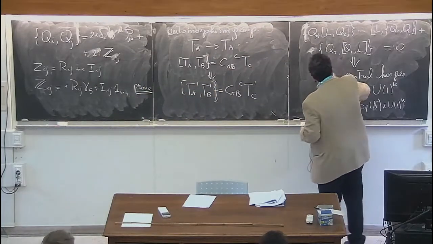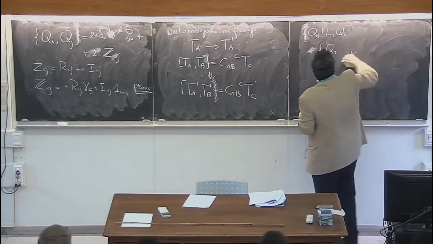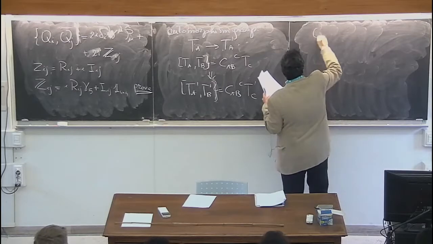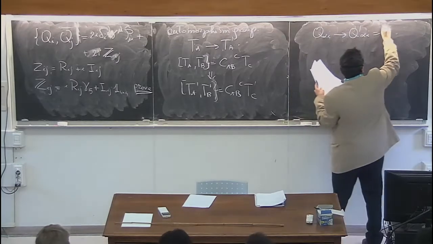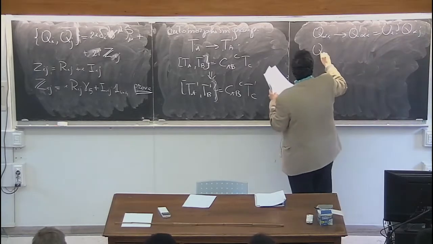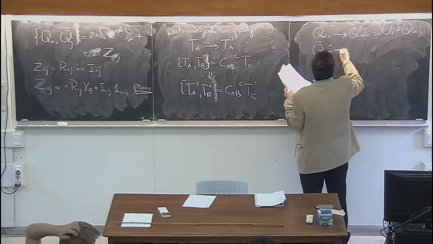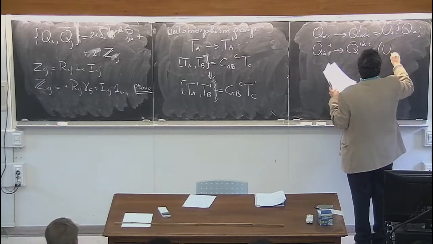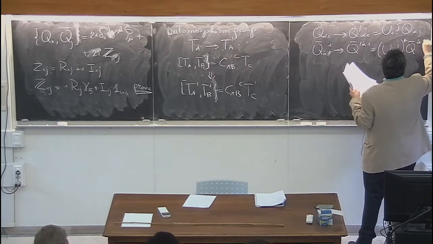In particular, you see that if we transform the Q's by means of an n times n complex matrix, so Q_α^I goes into Q'_α^I equals U^I_J Q_α^J, and therefore Q̄_α̇I goes into Q̄'_α̇I equals U^I_J star Q̄_α̇J.